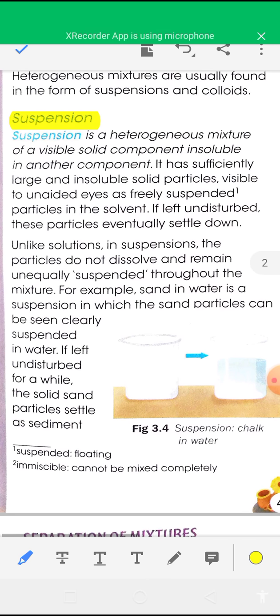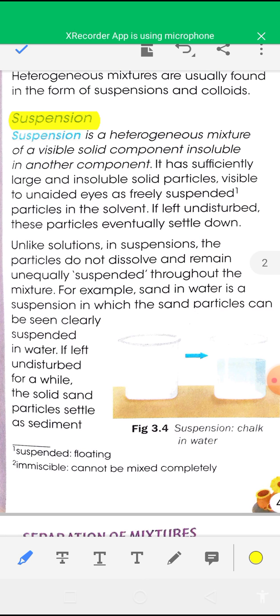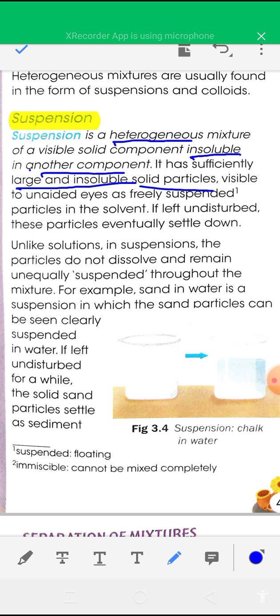A suspension is a heterogeneous mixture of a visible solid component insoluble in another component, with sufficiently large insoluble solid particles visible to the unaided eye as freely suspended particles in the solvent.